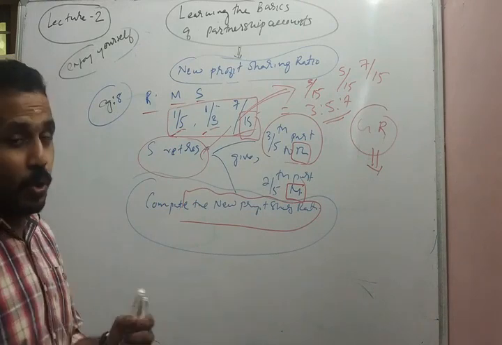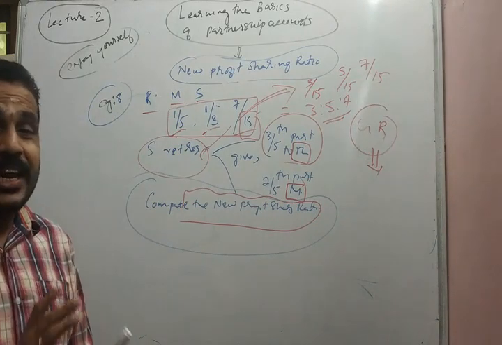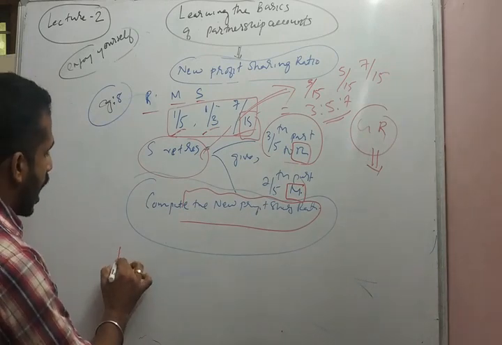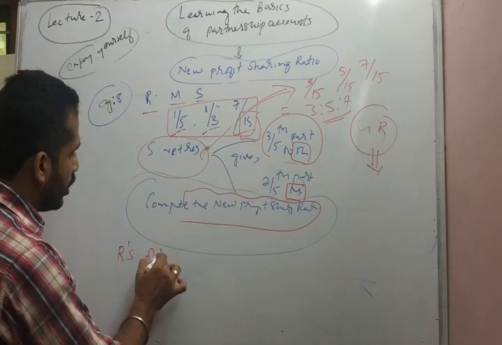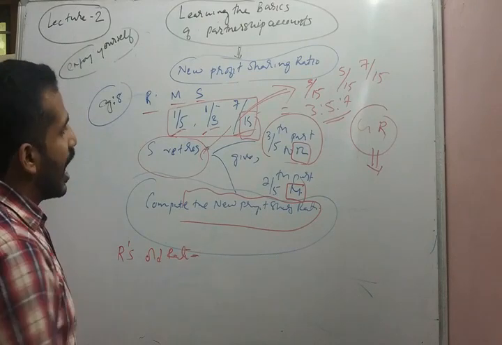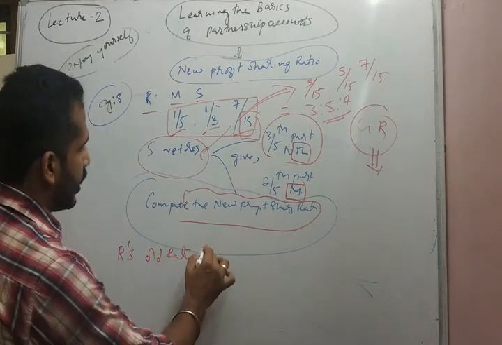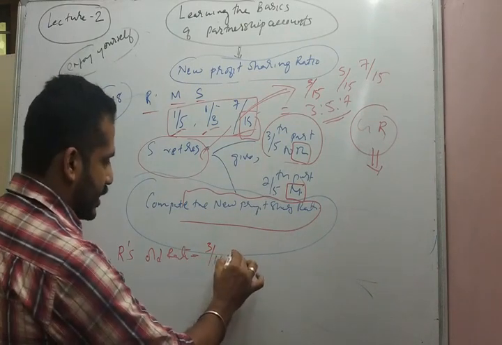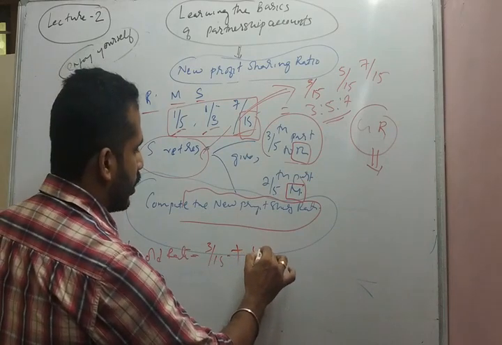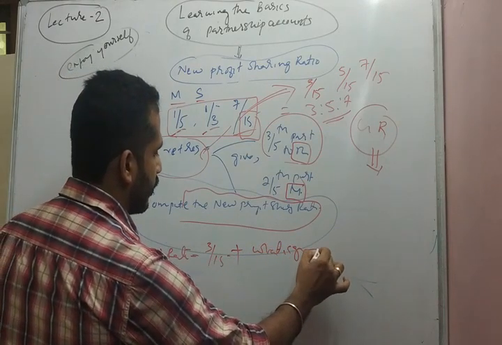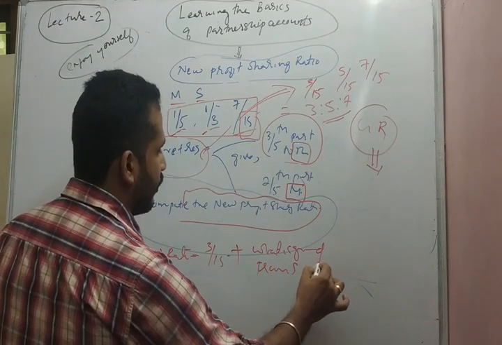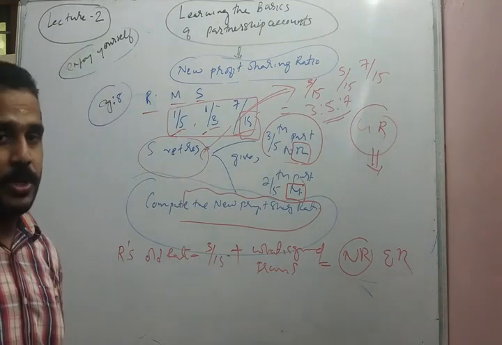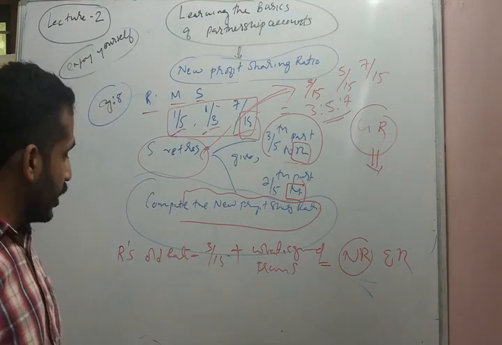Okay, so let us move to the solution. How can we calculate the gaining ratio? R's old ratio is 3/15. R's old ratio plus what is gained from S gives the new ratio of R. This is the concept of computation of the new profit sharing ratio.